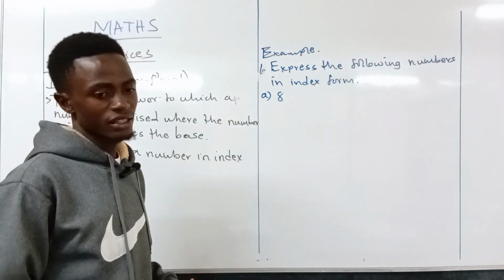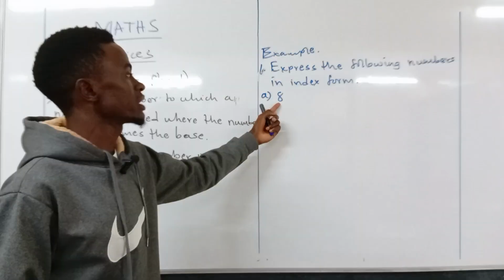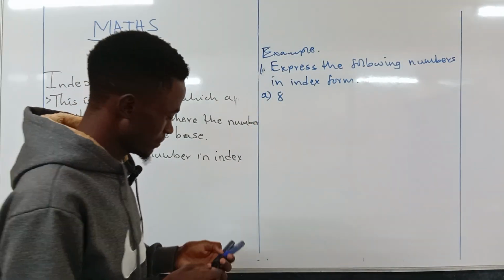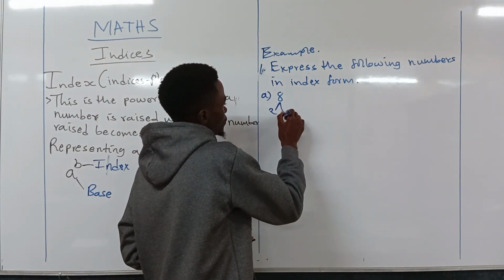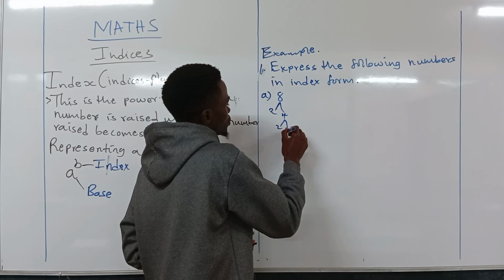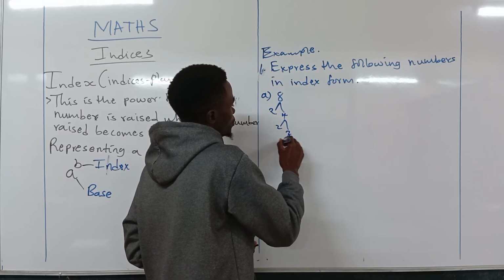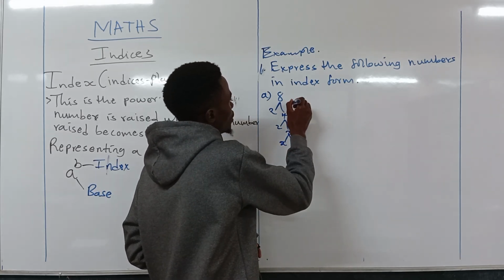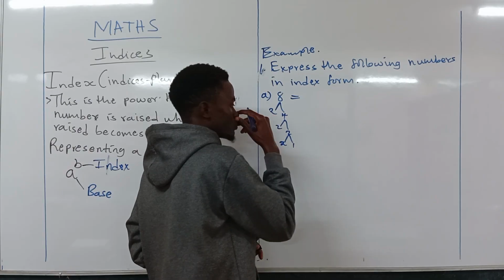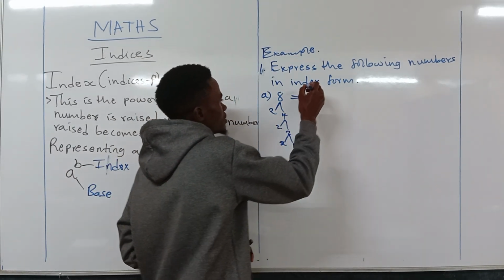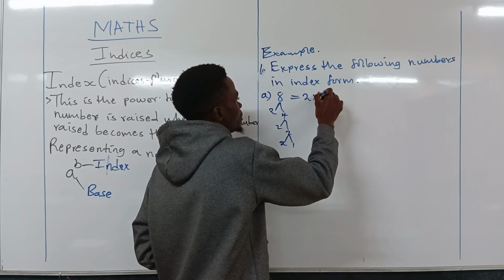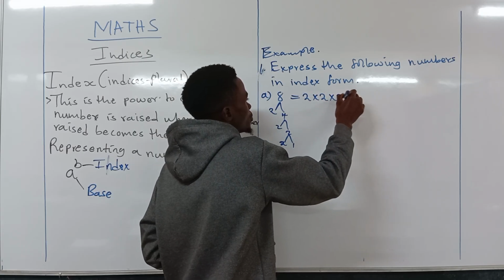If you express 8 in terms of prime numbers, we start with 2: 2 divides 8 to give 4, again 2 divides 4 to give 2, and then 2 divides 2 to give 1. So this number expressed as a product of prime numbers is 2 times 2 times 2.